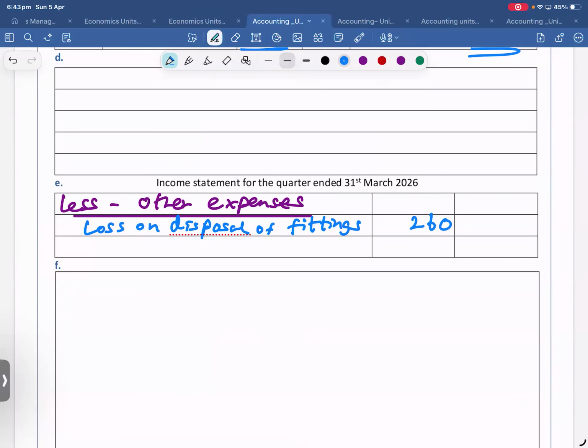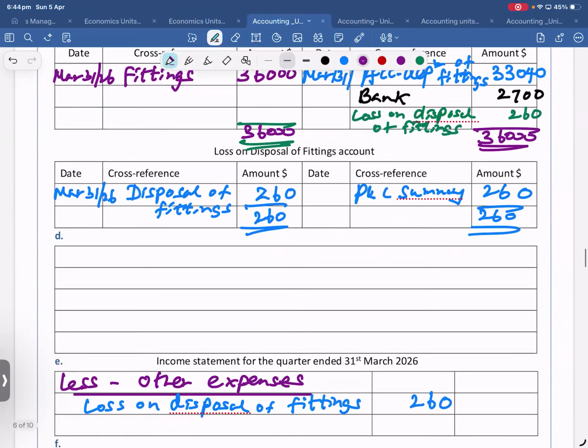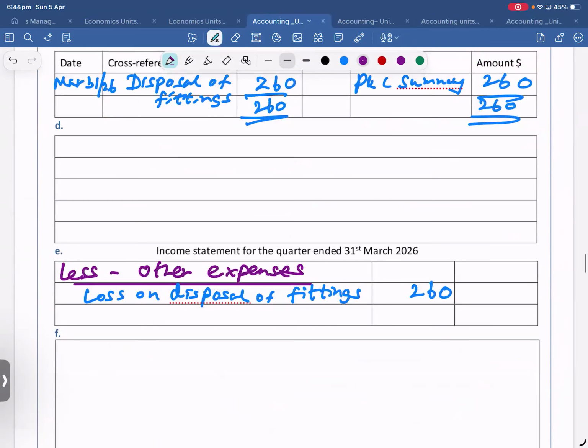Right. Now, next one: calculate the accumulated depreciation to model the effect on profit or loss on disposal of fittings if they were sold for 4,000 on 30th April. So, guys, what would have been the depreciation on 30th April?